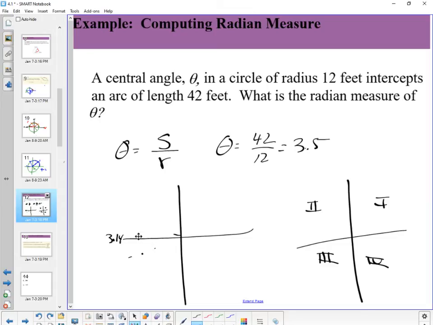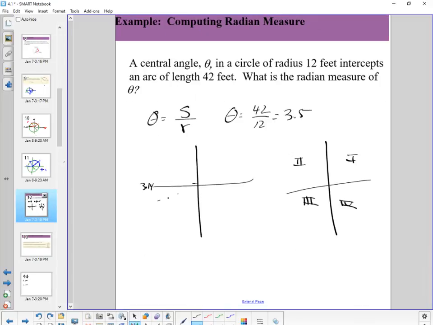If you divide 3.14 by 2, then that's how much there is for one quadrant, and it doesn't exceed that. So to get to the next part, because this would be another 3.14, half of 3.14 is like 1.6. That would put you at like 4.7. So we haven't passed 3.5. It has to be in here somewhere.